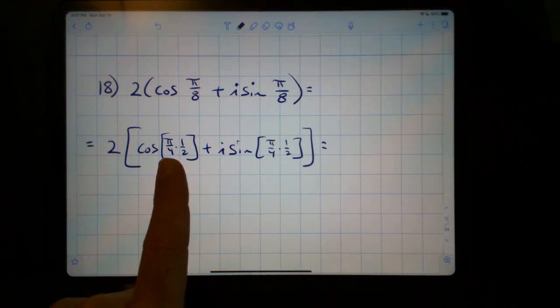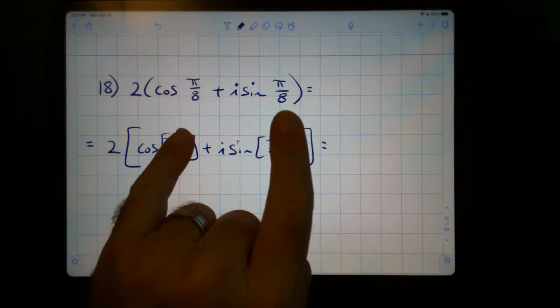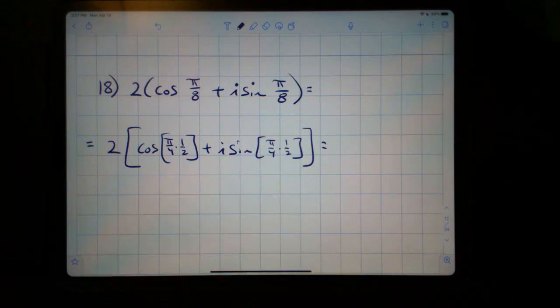This is 1 angle divided by 2, a half angle formula. Pi over 8 happens in quadrant 1, so we will use the principal square roots with these.